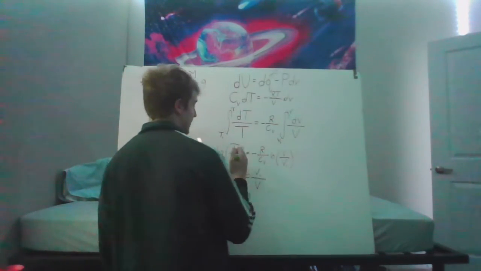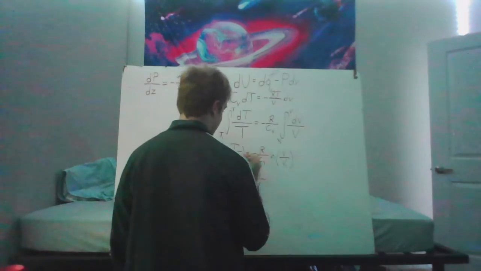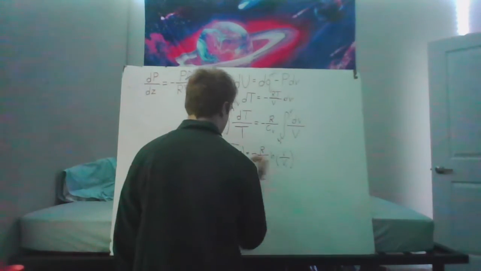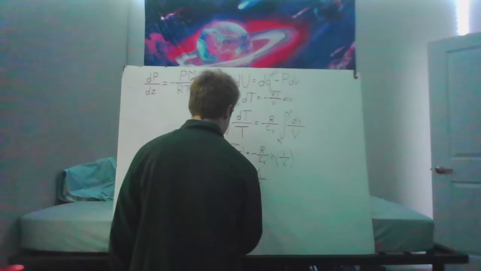And when you add something into a natural log, it'll just raise everything inside there to that power, so it'll be the inverse of this, the CV over R.